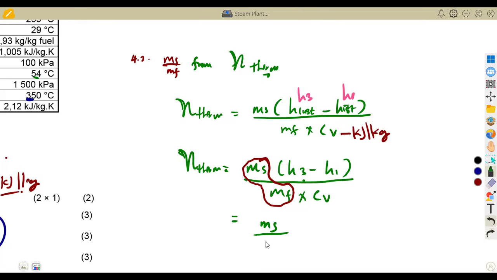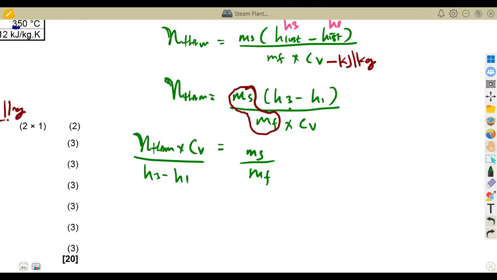The mass of steam over the mass of fuel is going to be, like I said, this one and this one will cancel. So it's going to be the thermal efficiency times the calorific value over H3 minus H1, which is H last minus H first. So that's it. By substituting what we are given, we can find the mass of steam over the mass of fuel.